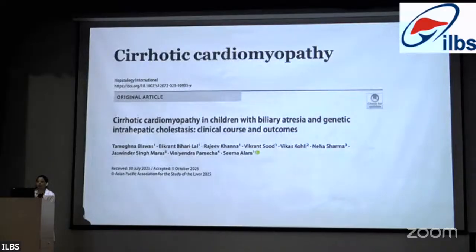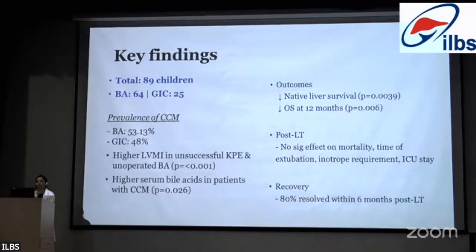Coming to cirrhotic cardiomyopathy, earlier it was thought that pediatric patients do not have much of cirrhotic cardiomyopathy, but recent studies, including one from our institute, have shown that it is quite prevalent in the pediatric population as well. In fact, the prevalence doesn't depend upon the etiology, but the severity of the liver disease.